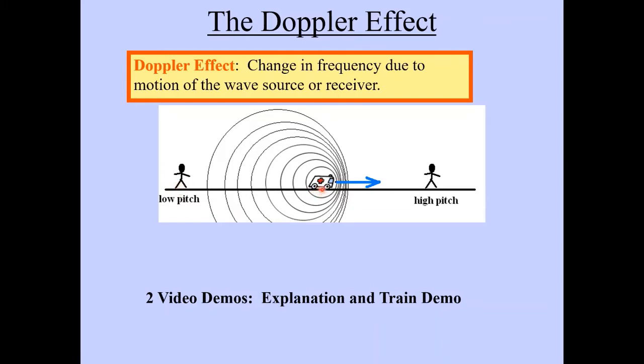What's happening is, as the sound source is moving towards this observer, the truck is basically chasing its own sound waves, and they tend to bunch up closer together, resulting in a higher frequency.